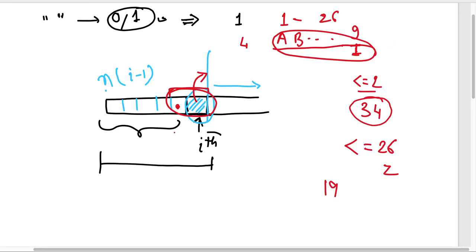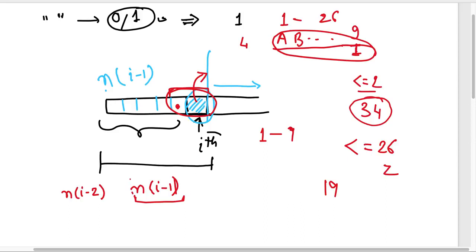So two cases arise. If we know the value of n of I minus 2 and n of I minus 1, then we can calculate the value of n of I. Why? Because if the ith letter is any value between 1 and 9, then we will simply add the number of ways to represent all the digits from 0 to I minus 1, and this is independently valid.